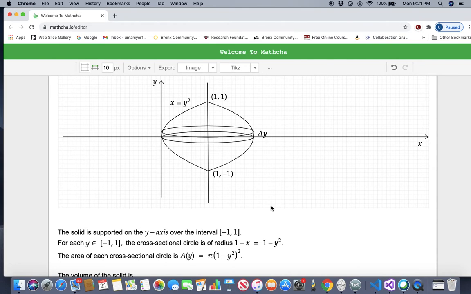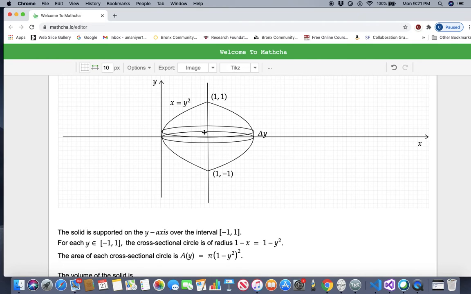Because we are looking at horizontal cross sections, for each y value between -1 and 1, the cross-sectional circle has the following radius. You start from here and go all the way to here.